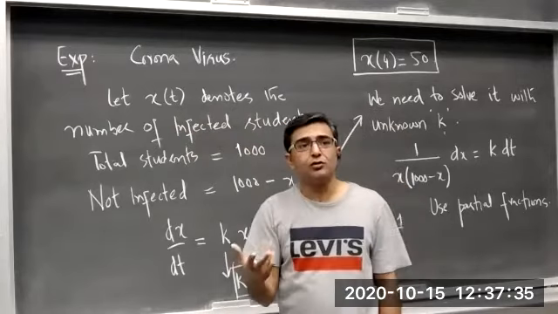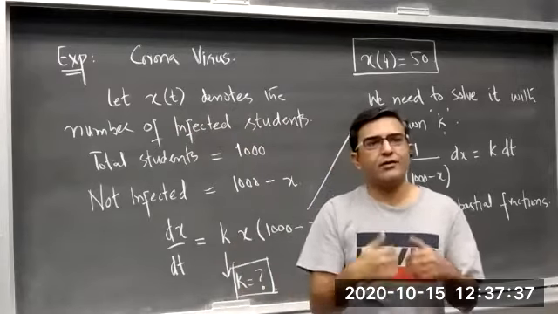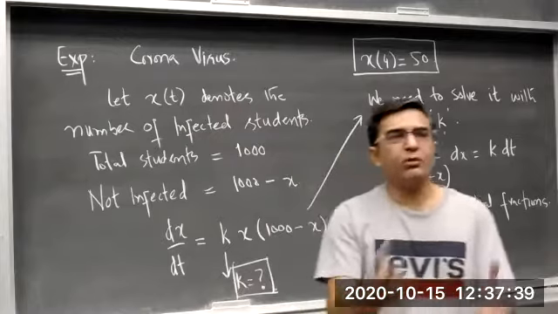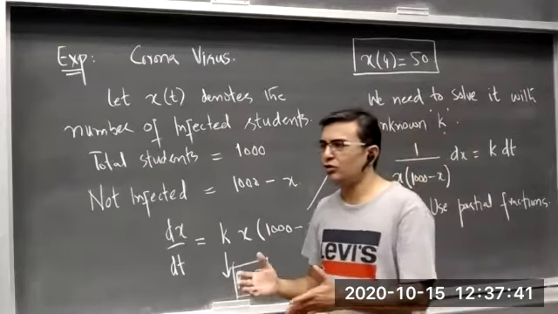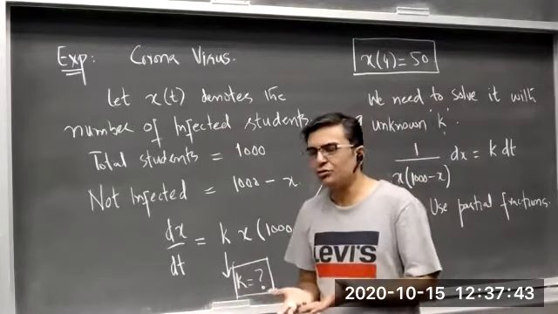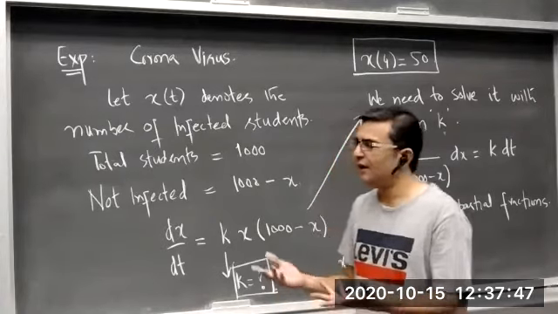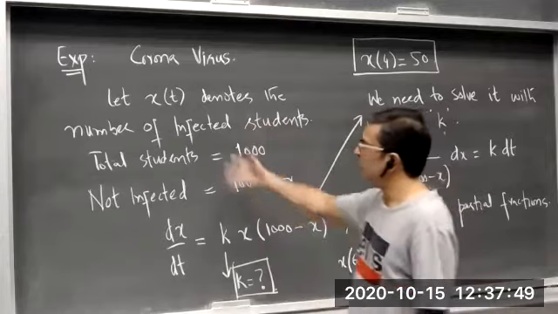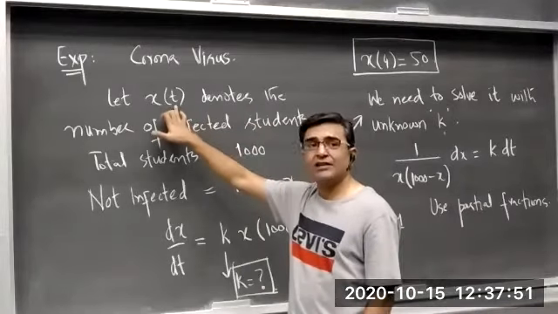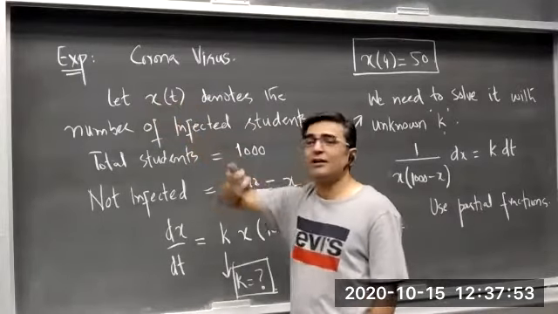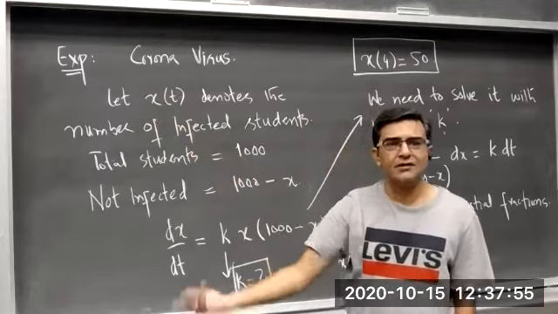Now we are trying to transfer that problem into a mathematical model. If we want to convert it into a mathematical model, we have to express it in some variables, where t denotes the time, and x of t is the number of infected students after a certain time.